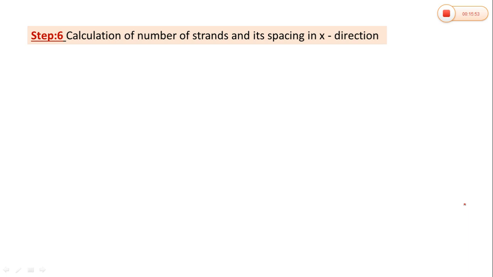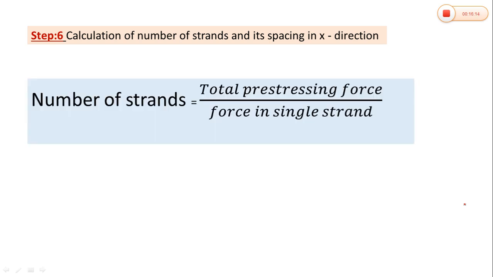Whatever value of P we have calculated in step 5 is sometimes much greater, and to take that greater value of P we require a number of strands. So how do we calculate that number of strands in x direction or y direction?